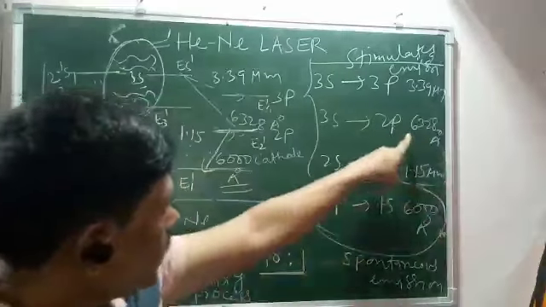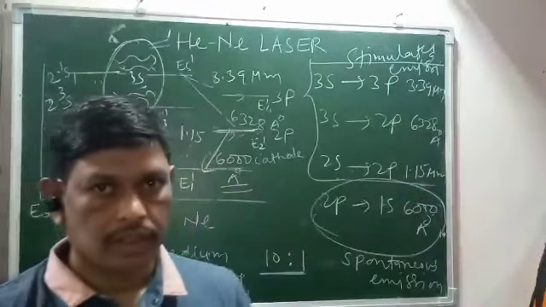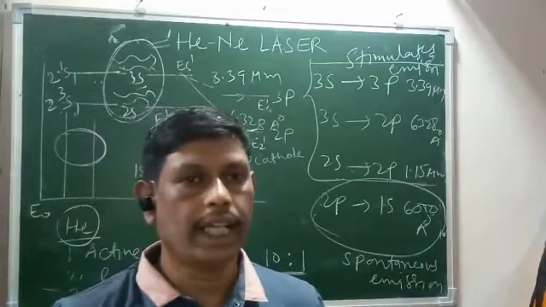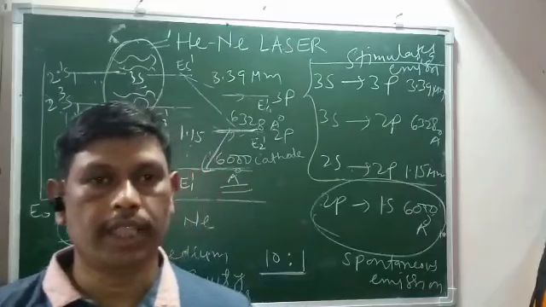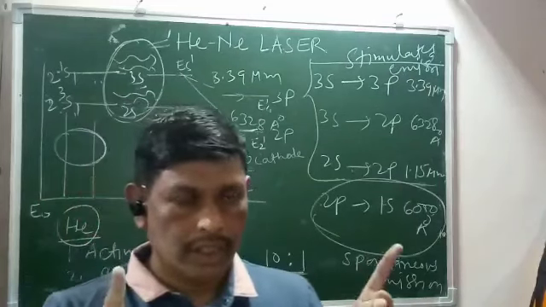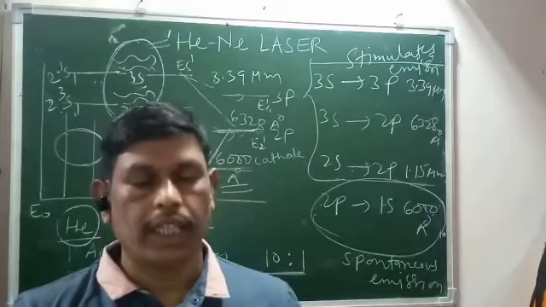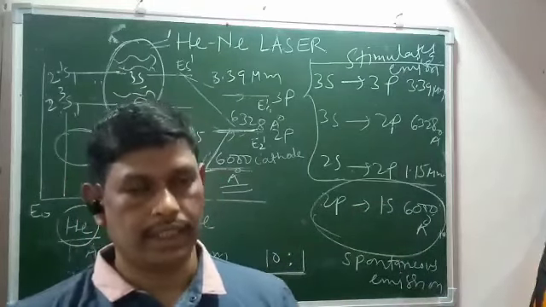Here the 6328 angstrom is the wavelength of the laser light emitted from the helium neon laser. It is in the visible part and corresponds to red color.